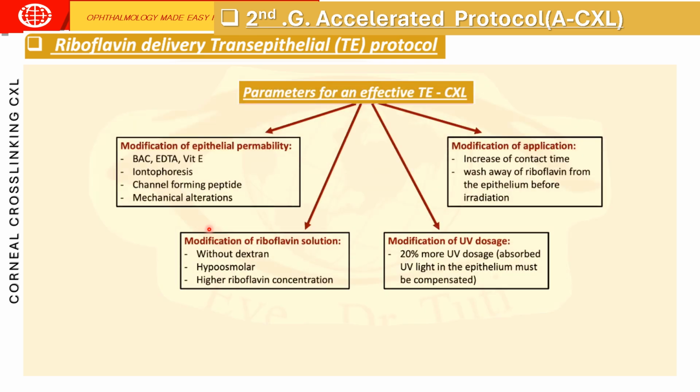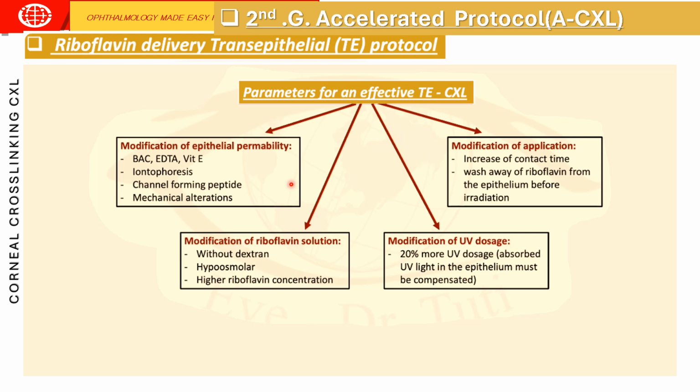So they realized that there are a lot of parameters that determine the efficacy of the cross-linking based on the concentration of the riboflavin. So they start to modify, as I said, the content of the riboflavin by adding some material to increase the absorption, or by the use of iontophoresis that we will speak about later, or doing mechanical alteration of the epithelium that creates some pockets so that it allows for penetration inside the cornea.